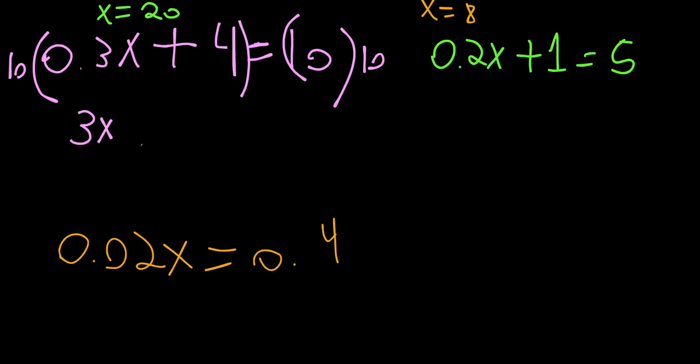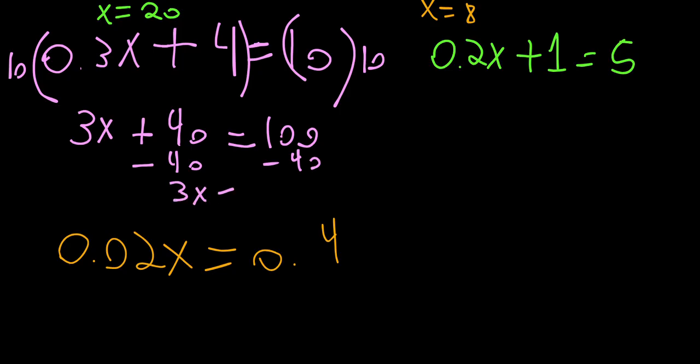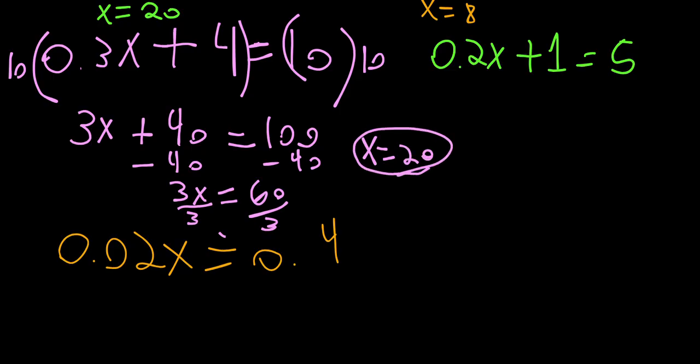We get 3x plus 40 equals 100. We subtract 40 from both sides, and we get 3x equals 60. And when we divide both sides by 3, we'll put it right here, x equals 20. That's our final answer. X equals 20.